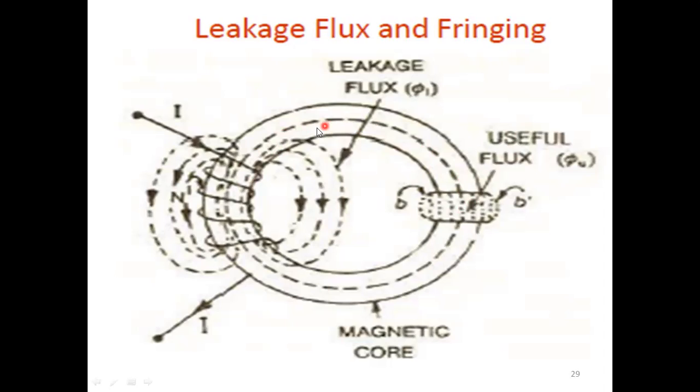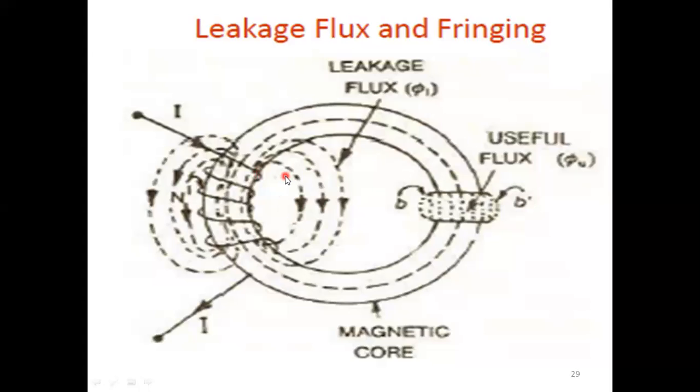If some flux does not continue to flow in the circular ring of the iron core continuously, it will take a short, closer path in between. Meanwhile these come outside and create a closer path here and here. But this flux is not useful. We are not using this flux here now. So that flux we are going to call as leakage flux.